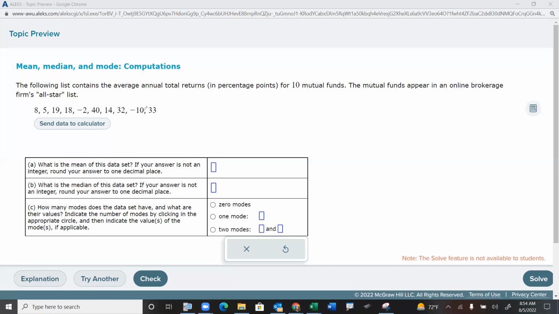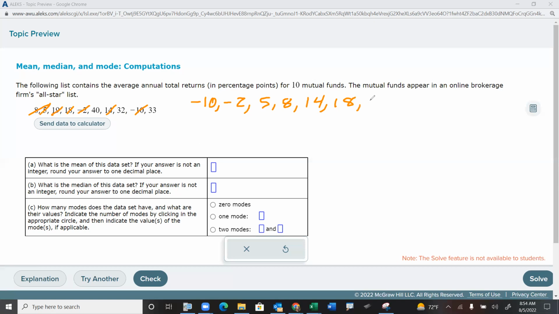So the smallest one is -10, and then -2. What else we got? It's like 5 and 8. And what's next? 14, 18, 19.